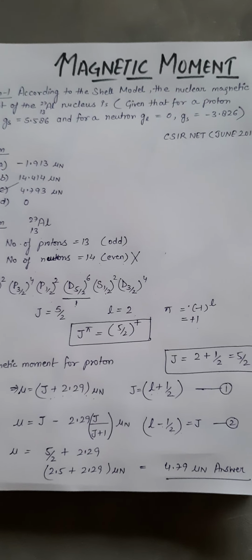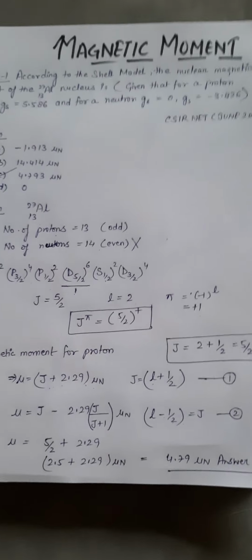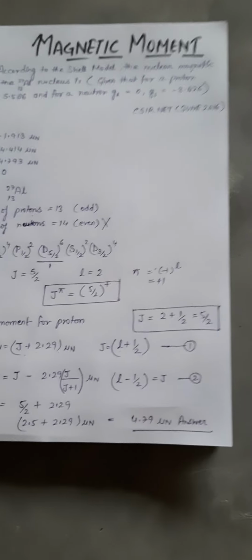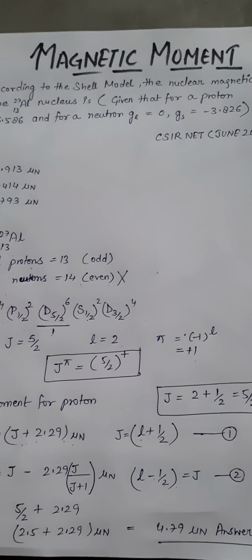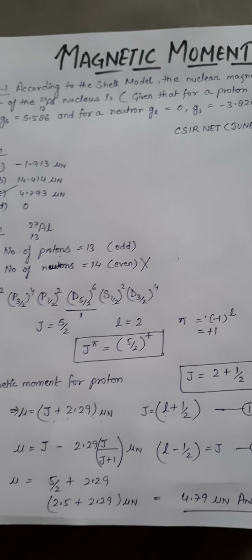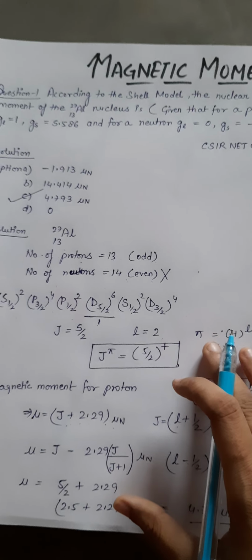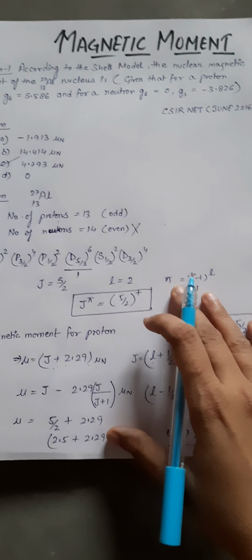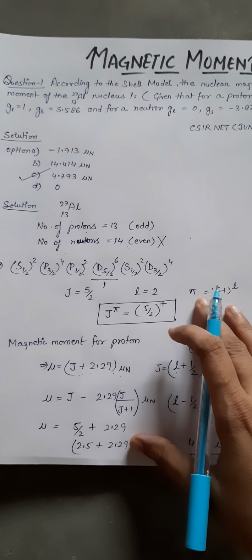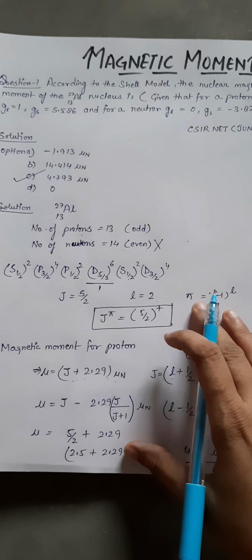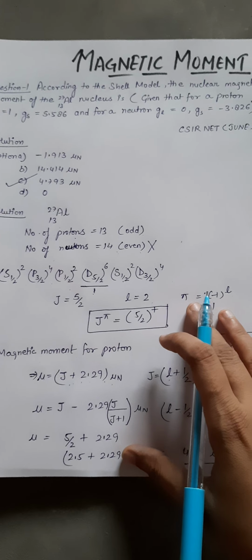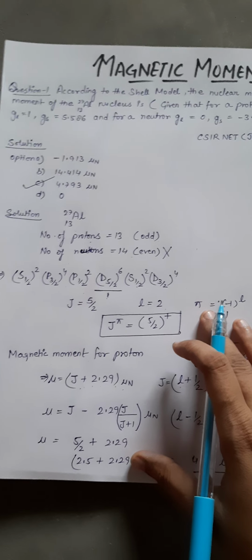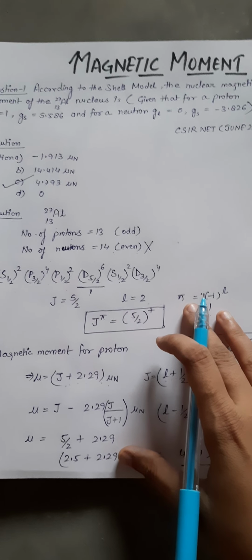So let's start. I'm going to discuss this part with a question that was asked in the CSIR NET June 2016 exam. The question is: according to the shell model, the nuclear magnetic moment of the Al nucleus is, and the given data is: for a proton, gL is this and gS is this, and for a neutron, gL is this and gS is this.